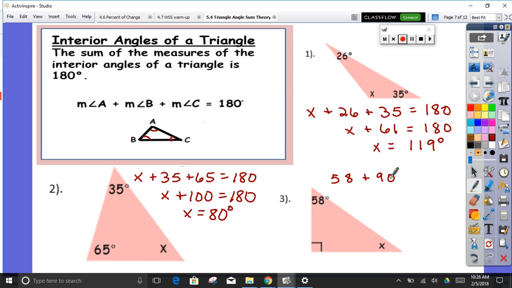What did we add for the third angle? Okay, so plus x equals what? Good. Okay, now when we add these together, we get 148 plus x equals 180, and x equals 32 degrees. Okay, any questions about those?